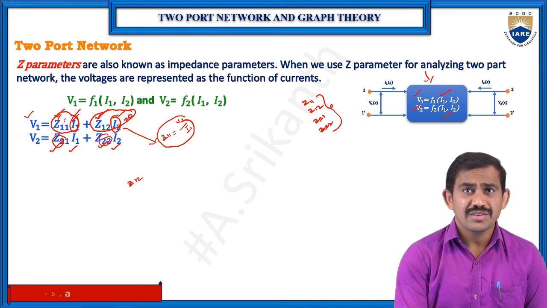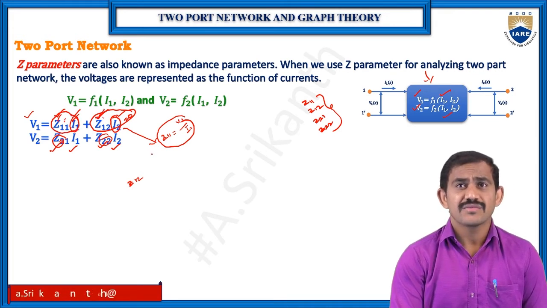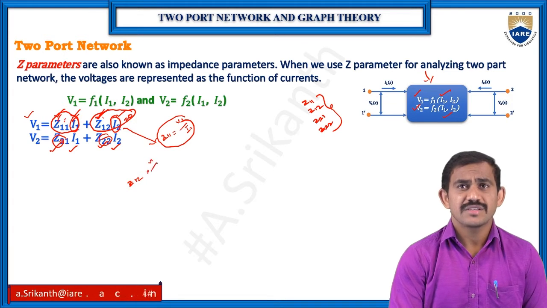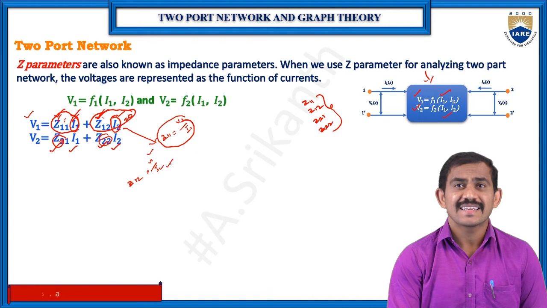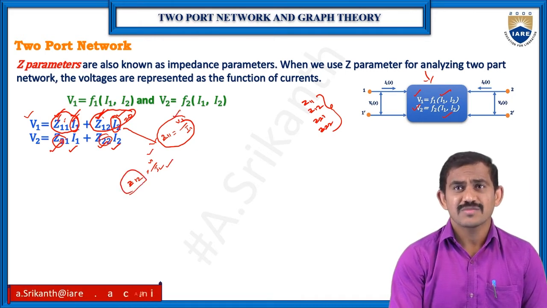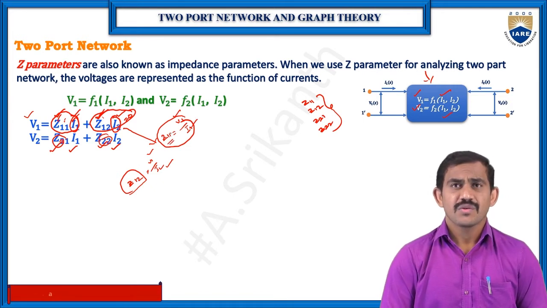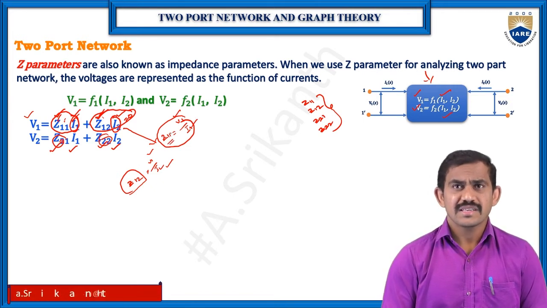So Z12 is equal to V1 by I2. So primary voltage by secondary current is your Z12 value, and primary voltage by primary current is your Z11 value. Okay. So we'll check it one by one now.